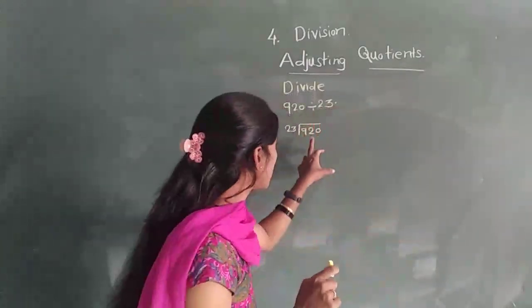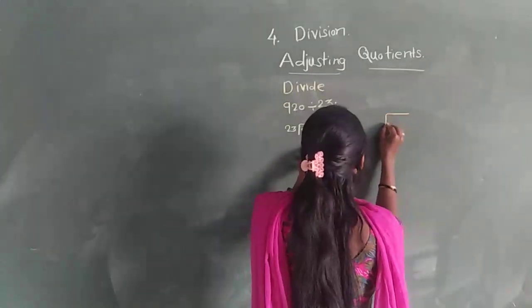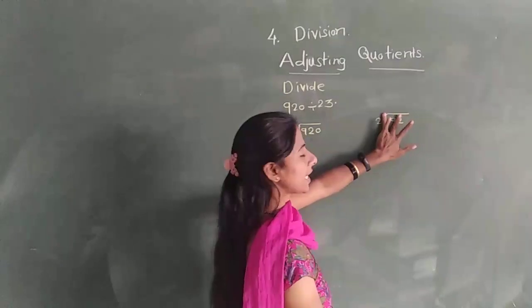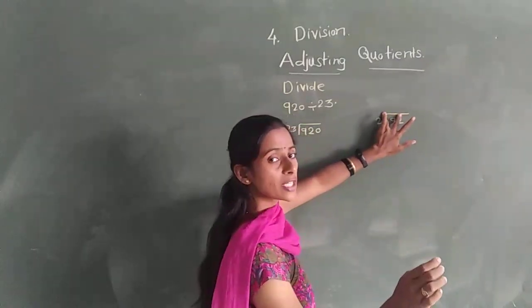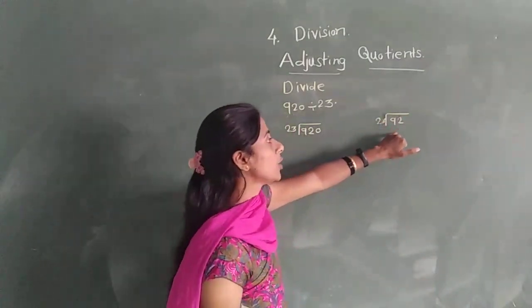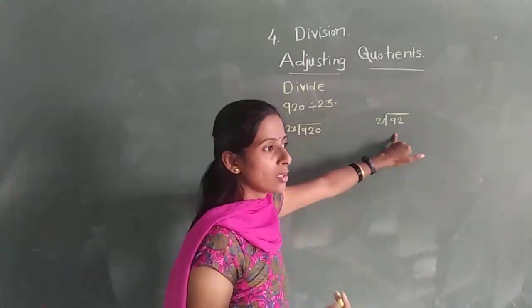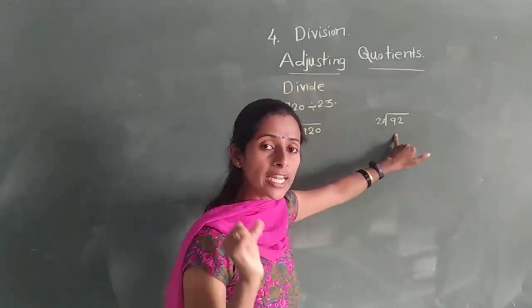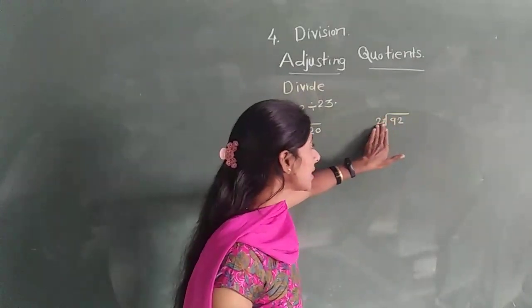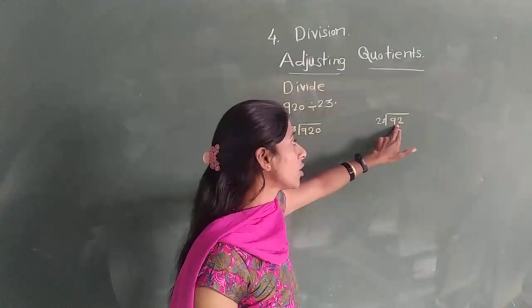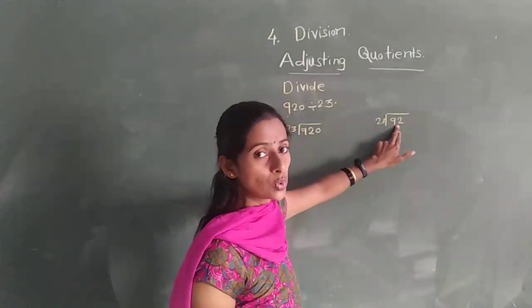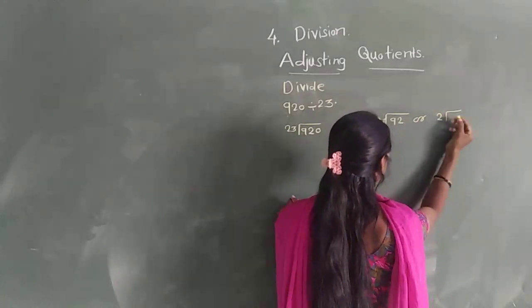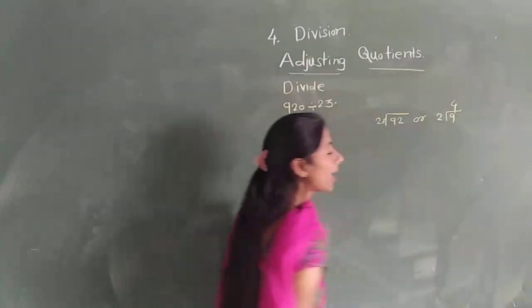Okay, so find the estimated quotient. That is 23 and 92, so only consider 2 and 9. So 2 fours are 8.